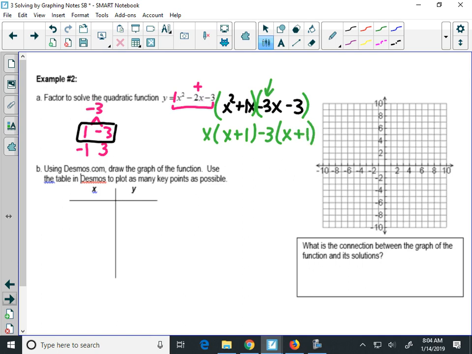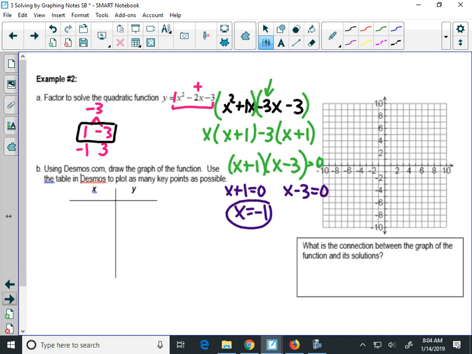So when I write my final factored form, I'll have x plus 1 times x minus 3. And if I'm solving that by factoring, again, I would use the zero product law just like above. I would set each factor equal to 0. When I subtract 1 on the first side, I get that I have x equals negative 1 as a solution. And on this one, I would have x equals positive 3 because I added 3 to the other side.